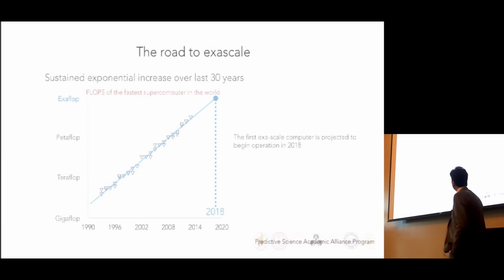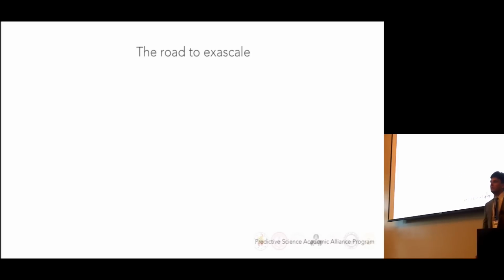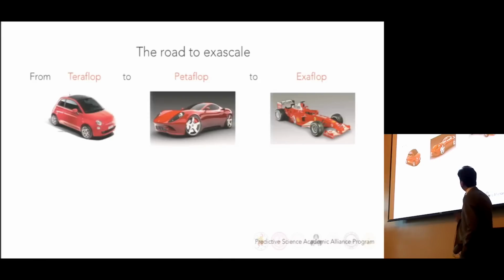Now, I'm not a computer scientist, so in terms of telling you about our effort and the road to exascale, I decided to use an analogy. The idea is that today we're very comfortable on teraflop systems, and we do have availability of petaflop systems, maybe not for everybody, but still something we can access today.